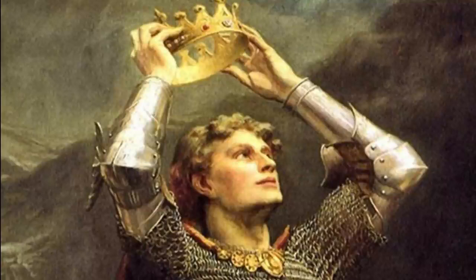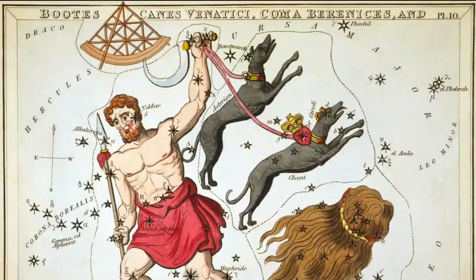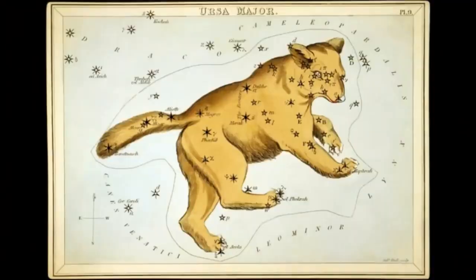Another text, the Legis Anglorum Londonis Collectae, testifies to this same expedition. Through Celtic mythology, King Arthur became associated with the North constellation, the Great Bear, otherwise known as Ursa Major.